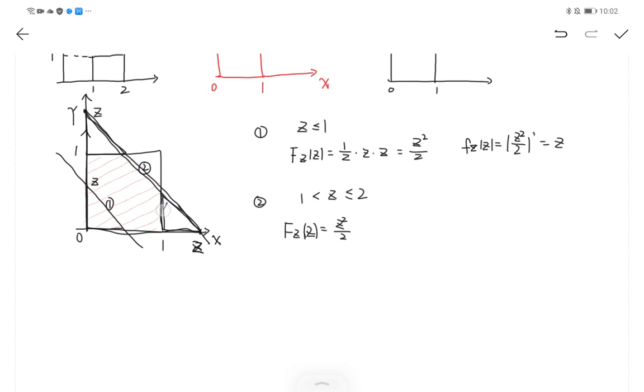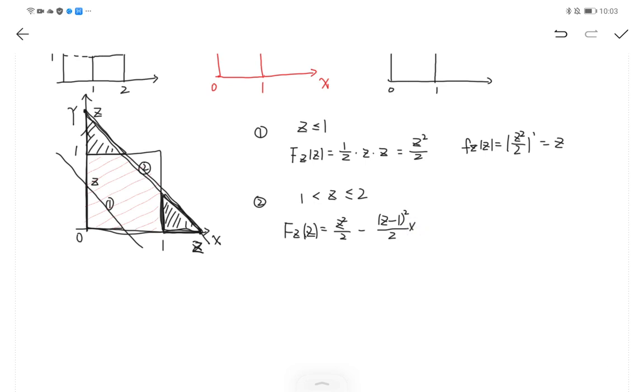And this triangle is the same as this triangle, so this area is (z minus 1) to the power 2 over 2.